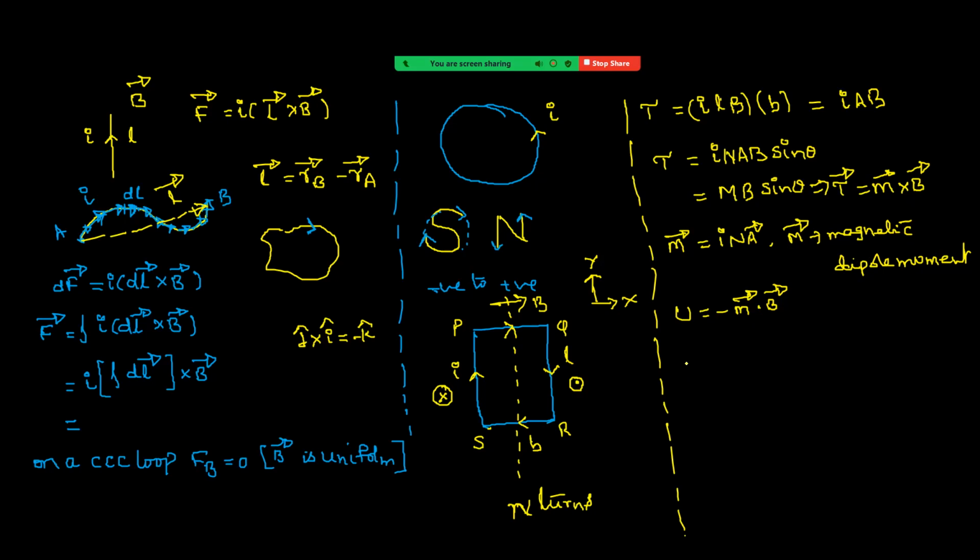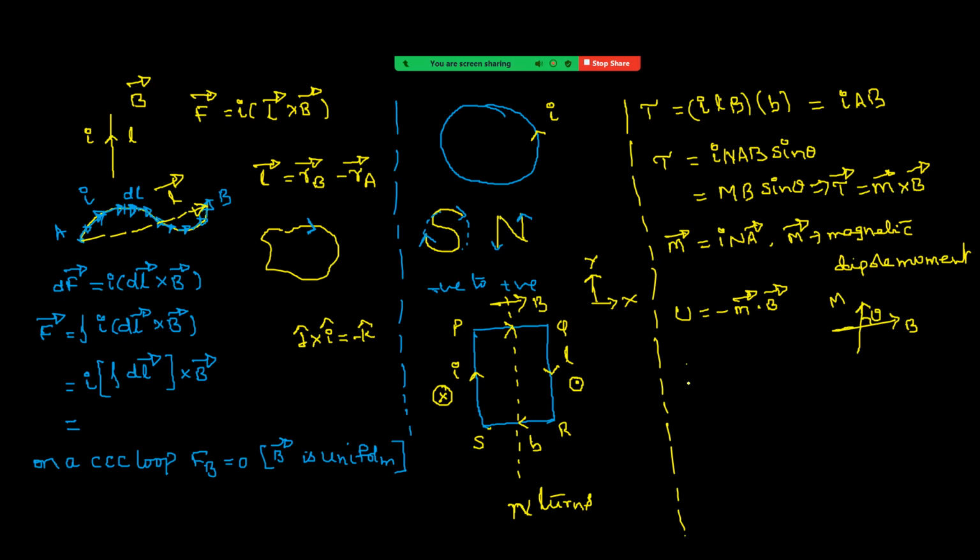And if you remember, there was the time period of small oscillations. Suppose this is the field vector, and this is the magnetic dipole moment M bar, and the angle between these two is theta. Suppose theta is very small, means initially m bar was along the field vector, now slightly rotated through a small angle and left. Then the magnetic dipole moment oscillates, or you can say it executes angular simple harmonic motion.